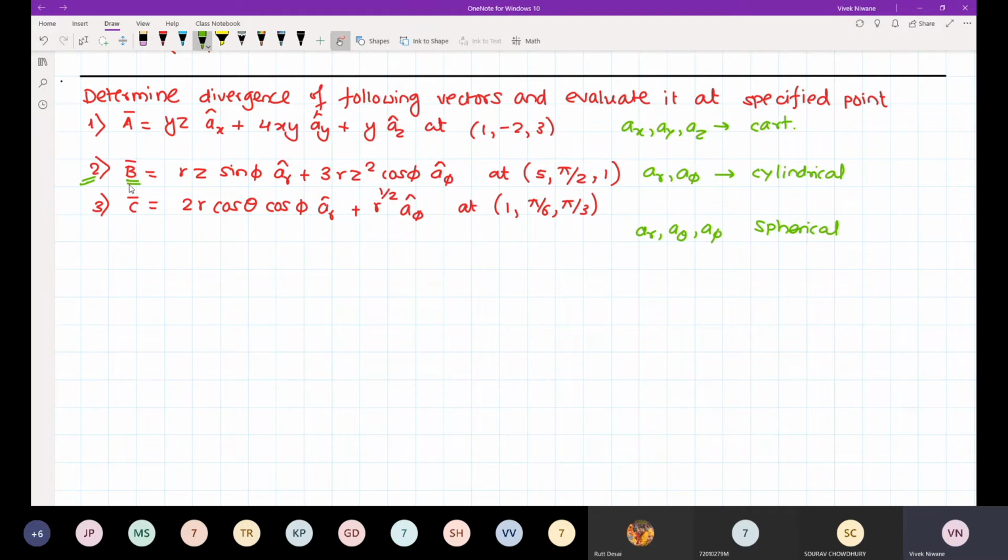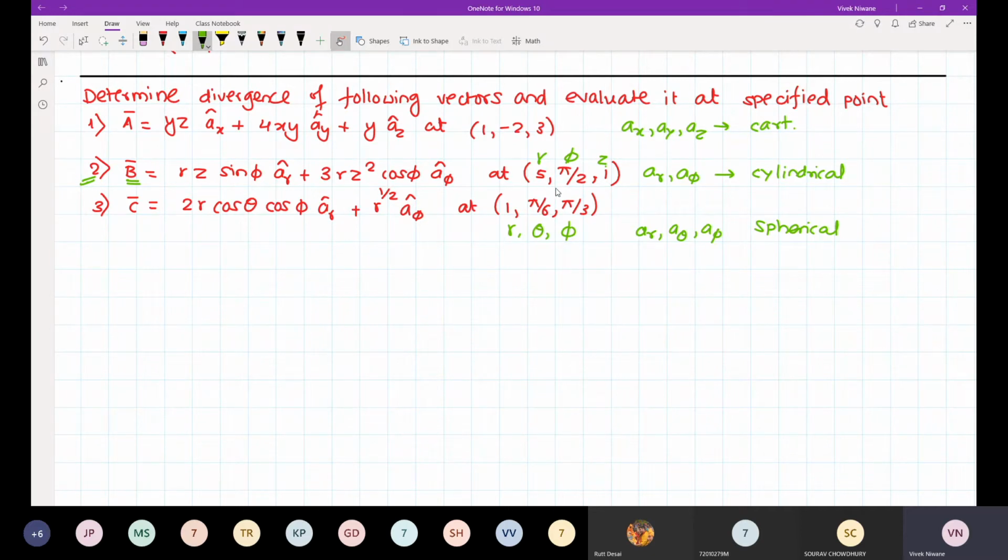Because we are not going to consider the spherical coordinate system, because look at the point. What we have is a value, an angle, and a value. So a value of r, only one angle and another value. Whereas in the spherical coordinate system, you have a value, an angle, and another angle.